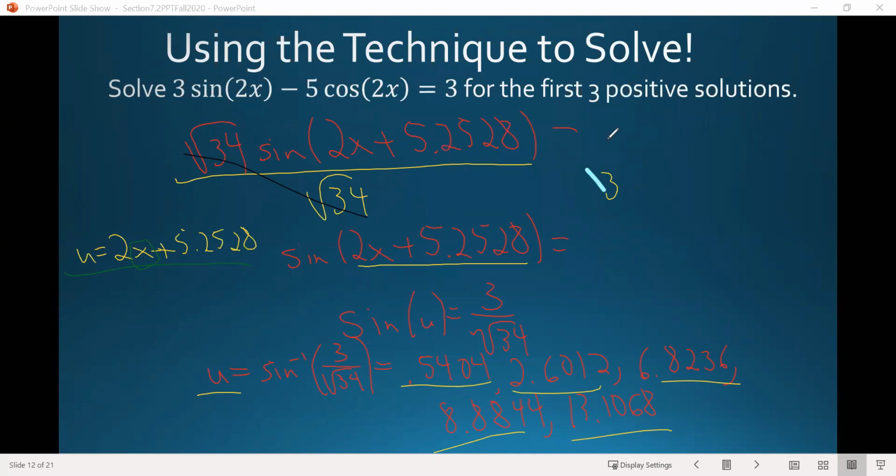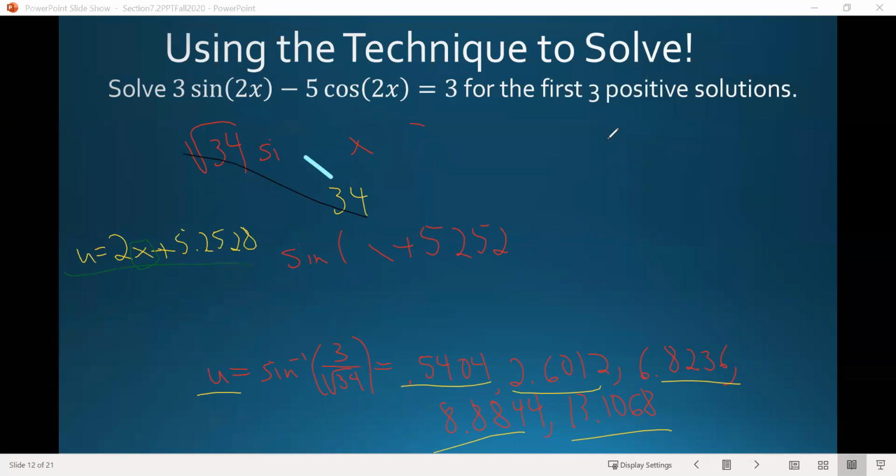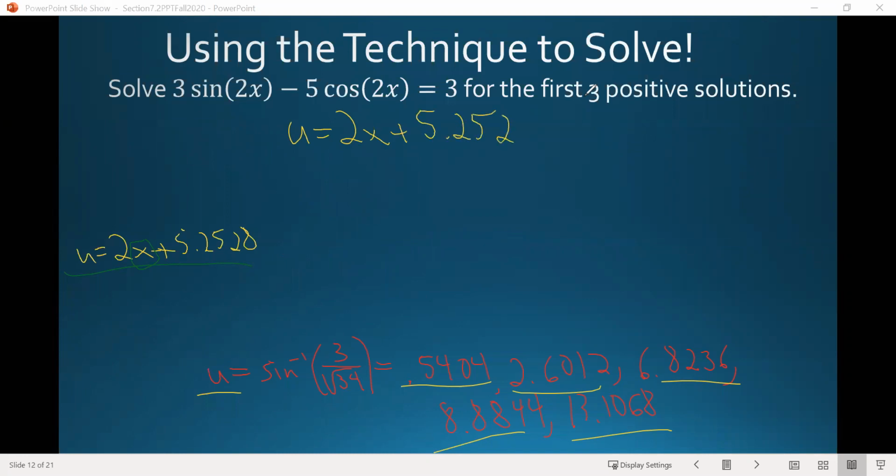And in that case, we're actually going to set up 5 different equations. Okay, and I won't set up all 5, just again for the sake of room and time. But so we'd have u equals 2x plus 5.2528.